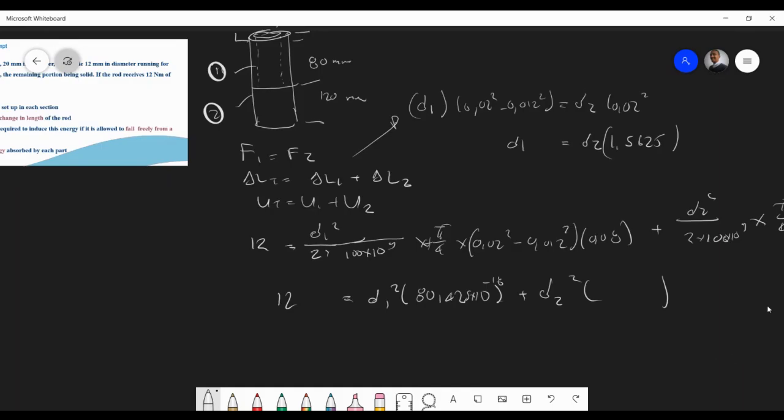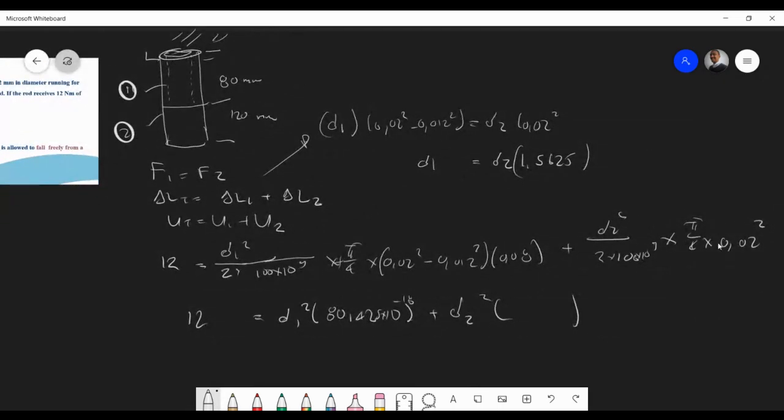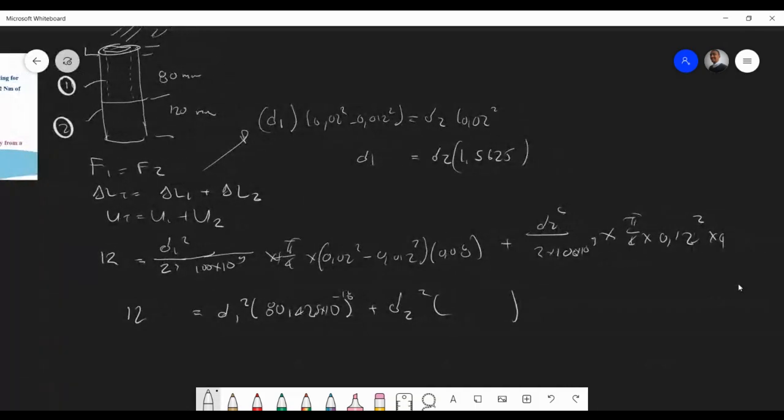No thinking here. Oh, I even forgot the lengths. I think I forgot the length in the previous one, so I made a mistake there. This is going to be 0.12. Sorry about that.